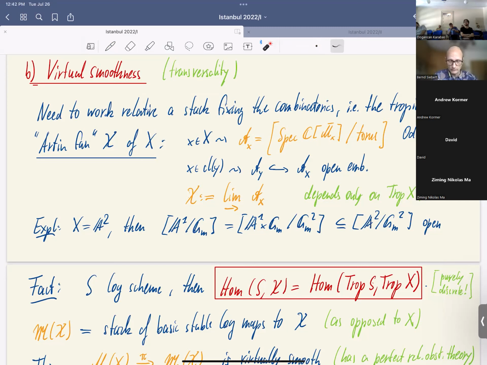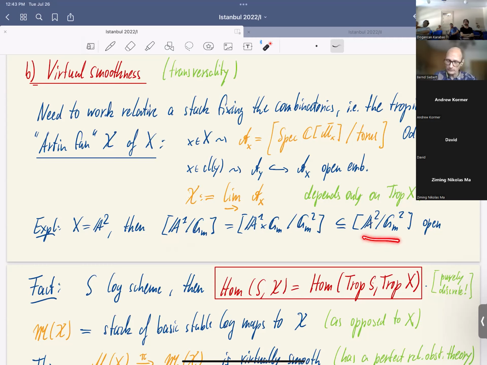Maybe if you don't believe it, look at an example. Let's say we have X equal A2. You take a point on one of the coordinate axes. That, of course, makes the M bar one rank lower. It's an A1. You divide out G_m by A1.